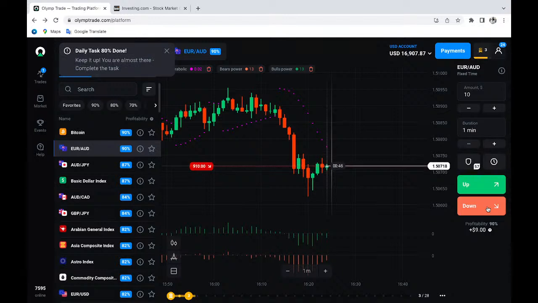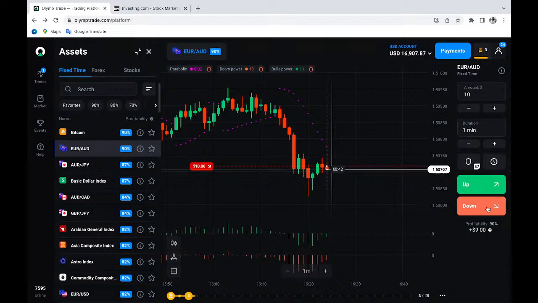If I lose this trade, I still get back my amount. If I get a profit, that's perfect. But in case I lose, I get back not the profit but the deposit, the investment amount, in my account. So right now it's 16,905. If I lose this, I will get back this $10 in my account.